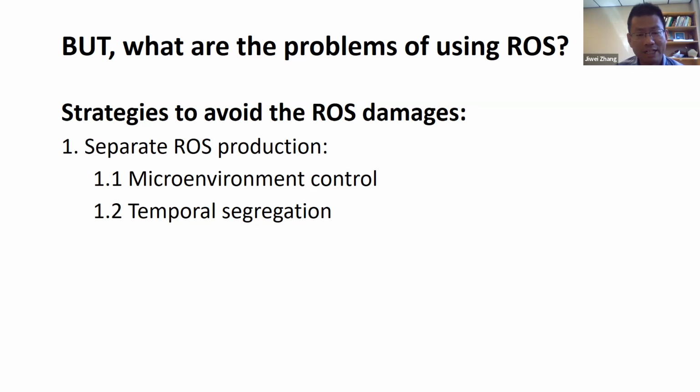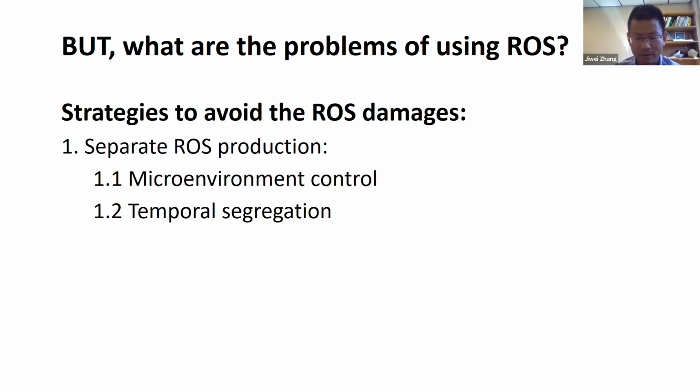For example, you can change the ion concentrations and the pH, and that way you can control the ROS production only on the substrate, but not close to the fungal cells. And the second thing the fungi can do is to temporally segregate the ROS production.